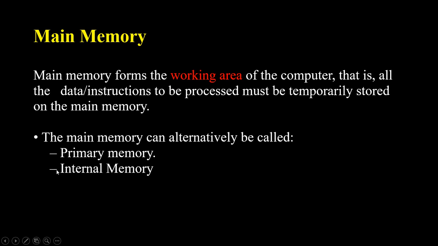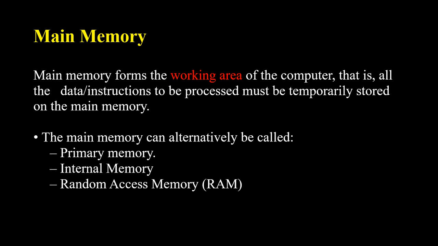Internal because it is within the processor. Because it is within the processor, it is referred to as internal memory. So the other name can be internal memory. Even in some examinations they can tell you, list down other alternative names of the main memory. So we have primary memory, we have internal memory, because it is just within the processor.